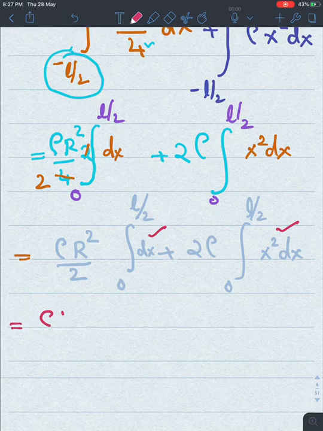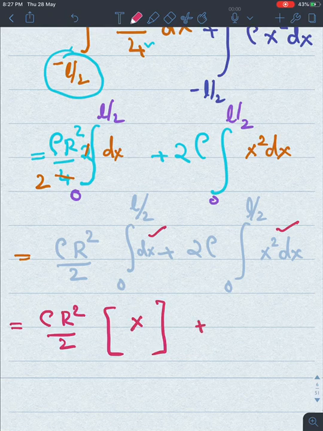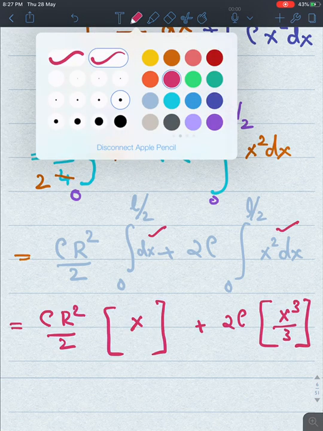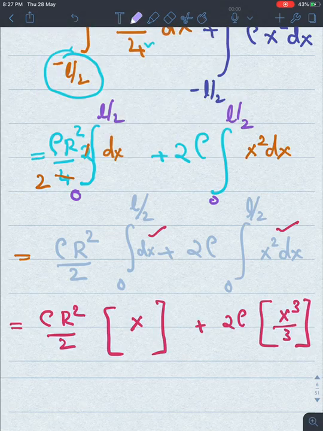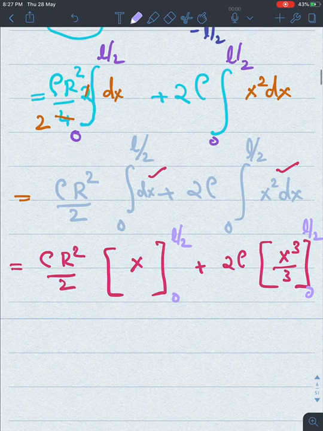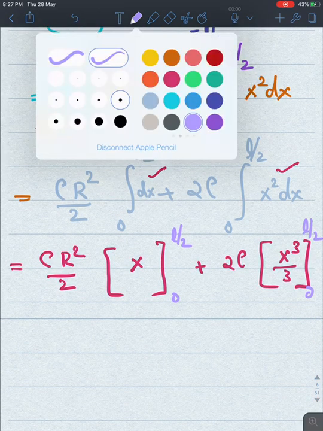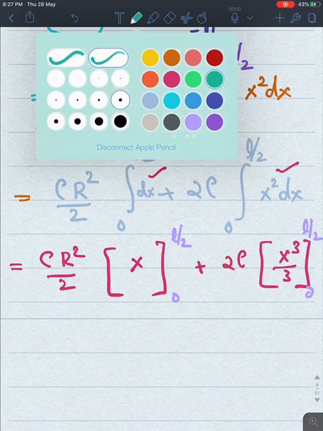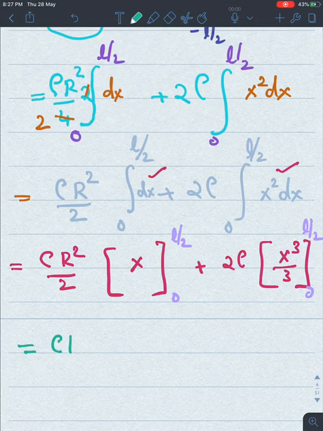So I write it again: rho r square by 2 x plus 2 rho x cube by 3, with limits 0 to L by 2.